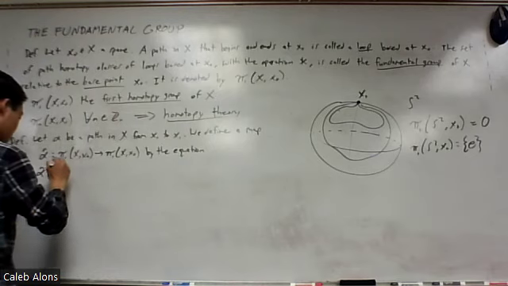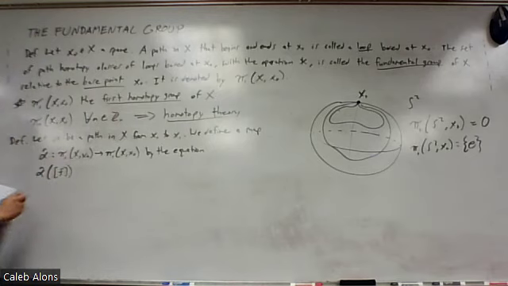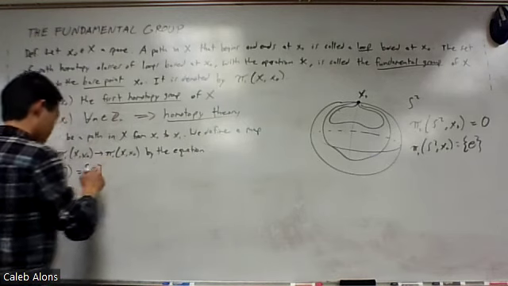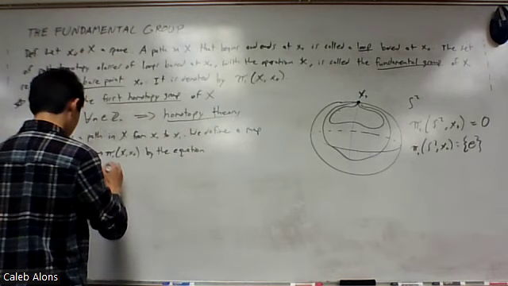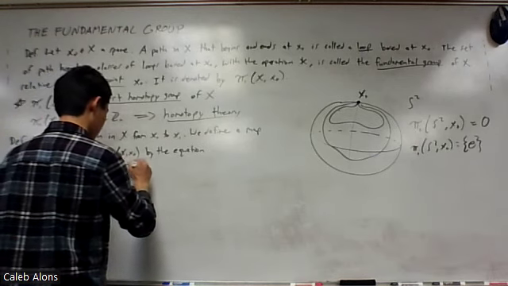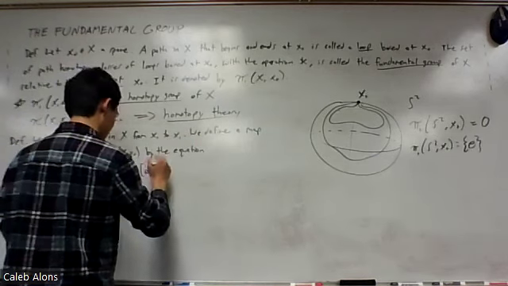alpha hat of, if I take one of those homotopy equivalence classes, it should spit out the reverse of the path alpha, product, so times this path, times alpha itself.